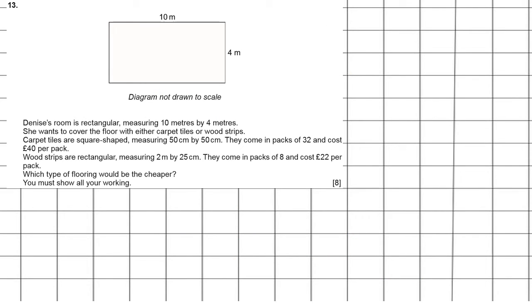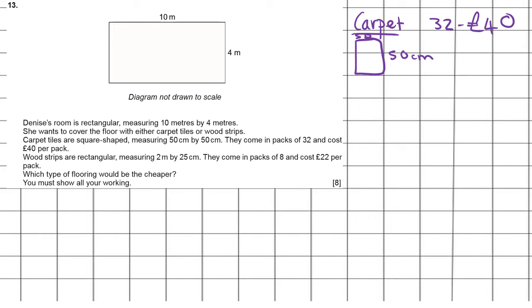Dennis' room is rectangular, measuring 10 meters by 4 meters. She wants to cover the flooring with either carpet tiles or wood strips. Carpet tiles are square-shaped, measuring 50 centimeters by 50 centimeters. They come in packs of 32 and cost £40 per pack.